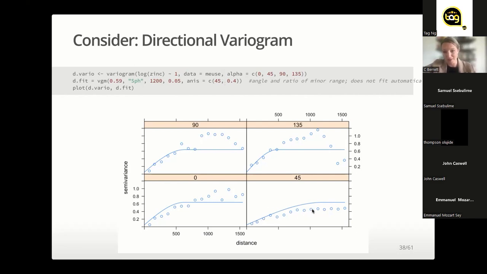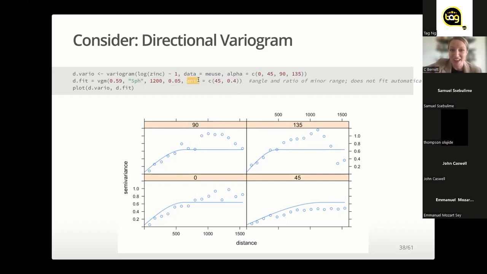So our range comes out as far as it's going to go, whereas it seems to level off a lot sooner in the other directions. And then at the 135, the range should be 40% of the range at the 45. So that's what these parameters mean.